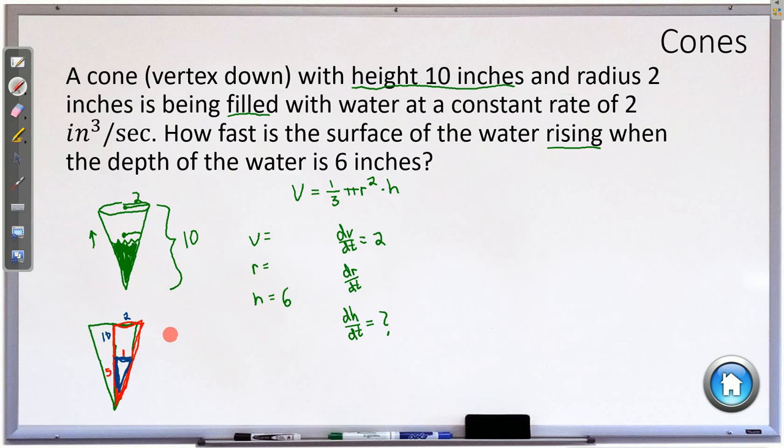Or if we think about R over H for one triangle, it must be the same as R over H for the other triangle. The sides are proportional. So, if the whole cone has a radius of 2 and a height of 10, we get the proportion 2 over 10.